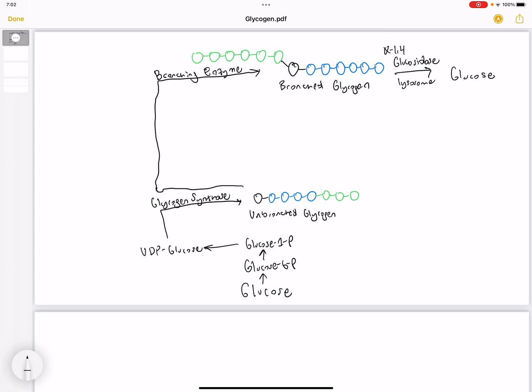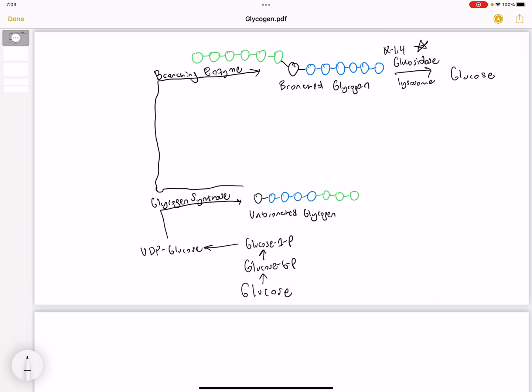Now, if there is a deficiency in this enzyme, then that will result in a buildup of glycogen, which can result in hepatomegaly due to glycogen being increased within the liver.